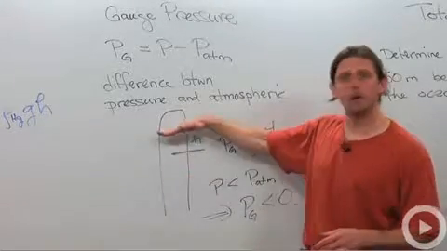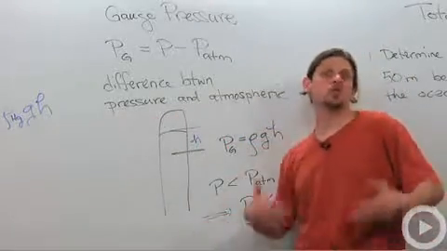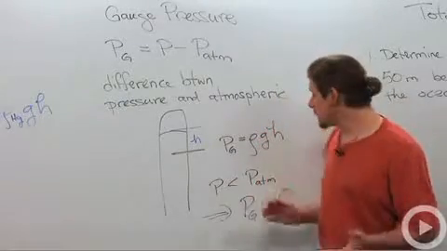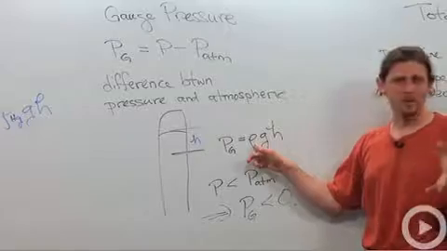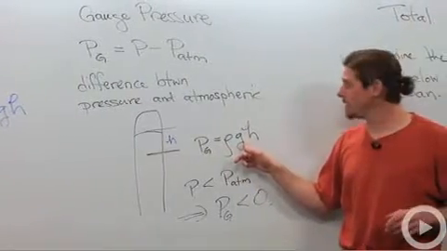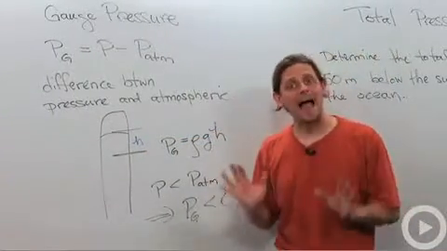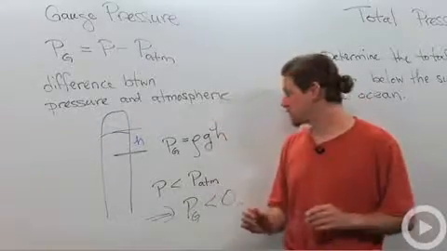If the height of mercury goes up, then the pressure that we're trying to measure is greater than atmospheric pressure. The gauge pressure will just be density of the fluid, which is usually mercury, although sometimes people use water, times acceleration due to gravity, times this difference in height, which I can measure very accurately. And that's one of the reasons why people like to use gauge pressure.